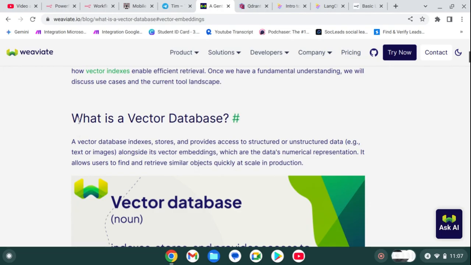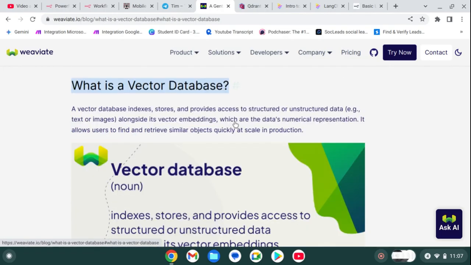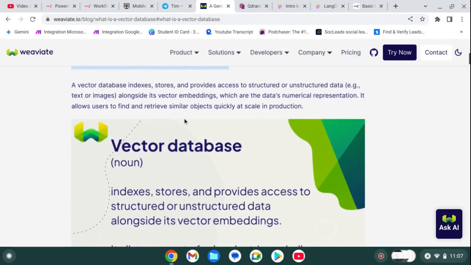So here we can get the definition of a vector database. A vector database simply means it can index a long PDF by making it into chunks, convert it into a binary form of data, and store it in the cloud or anywhere, and then it can find the relevant information.